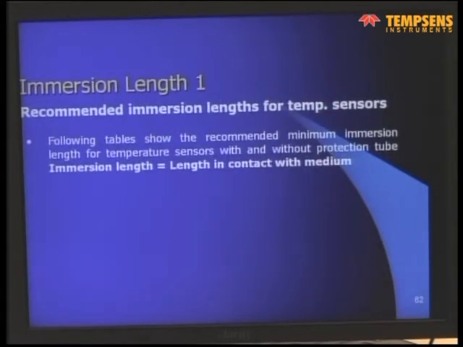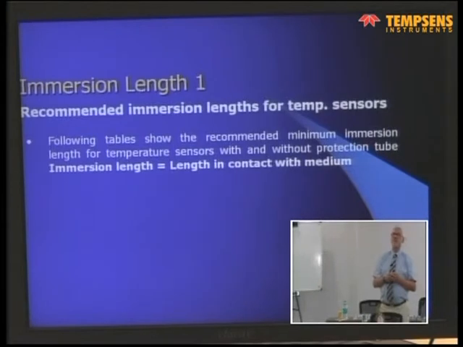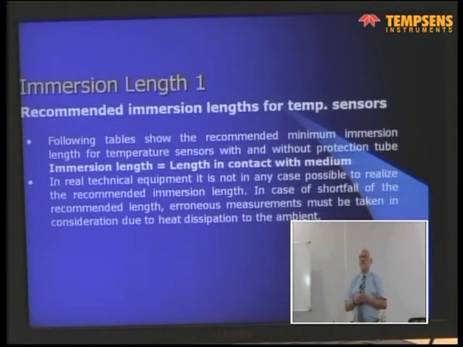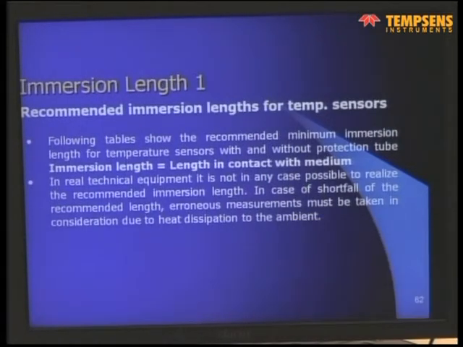Immersion length. The immersion length is defined as the length in contact with the medium. In real technical equipment, it is not in every case possible to realize the recommended immersion length.